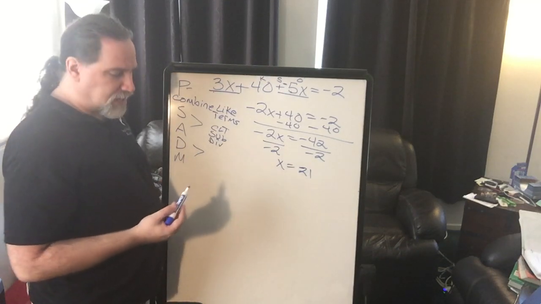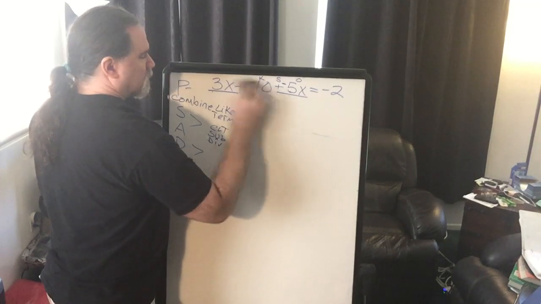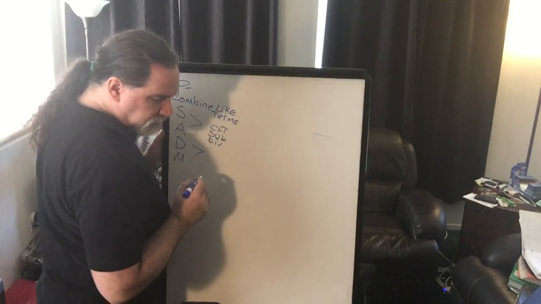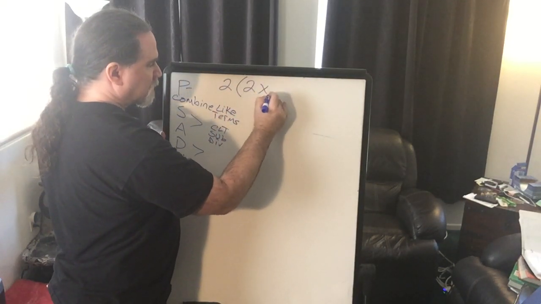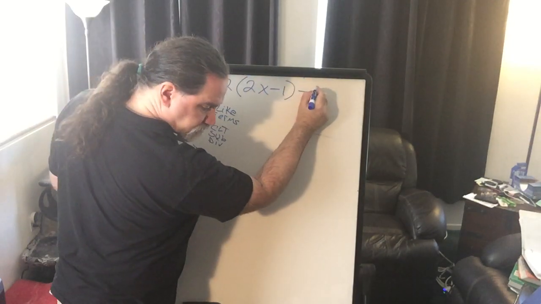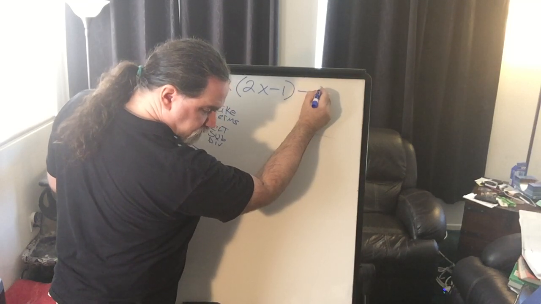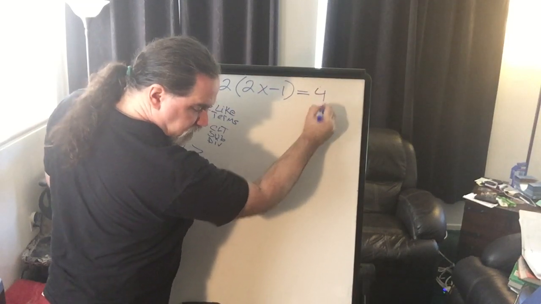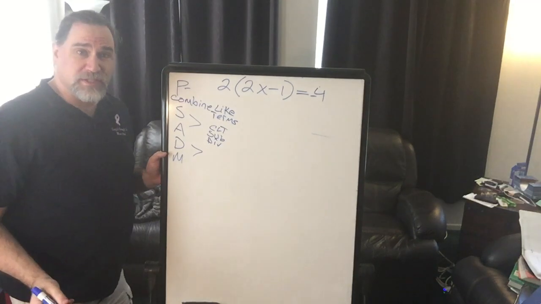So what else could happen? Well, we could have something that involves a parentheses, something that looks like this.